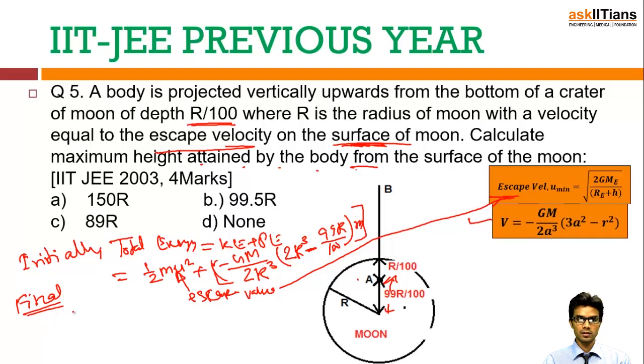For final, the final total energy, at maximum height, kinetic energy will be zero, and potential energy is minus GM into m by R plus h, where h is the height, this height.